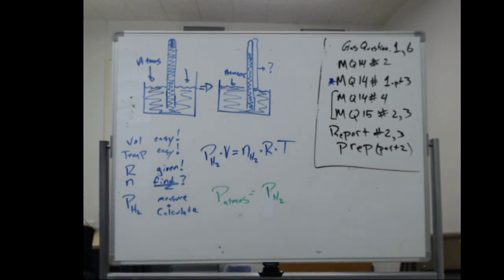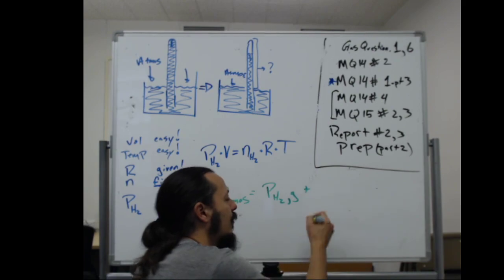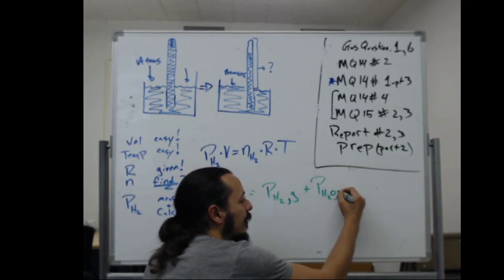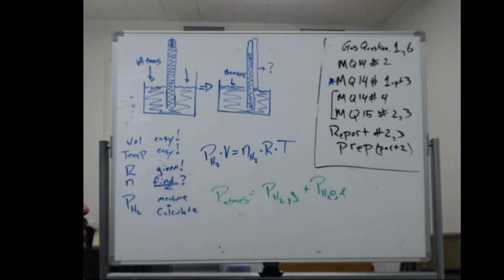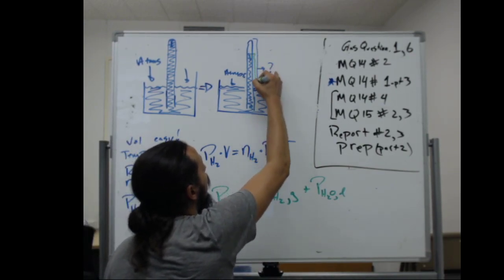There are some other components in there. So you say, okay, what are the other components we also need to take into account? Well, we also have to at least consider the pressure of the liquid H2O. And the pressure of the liquid H2O is going to depend on this height.